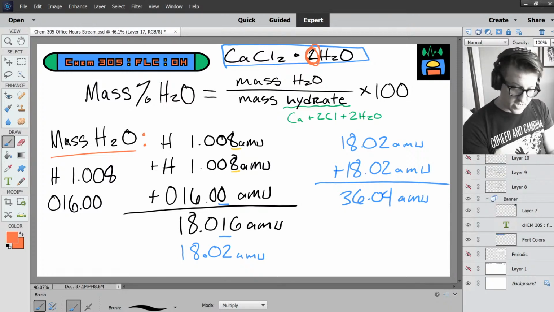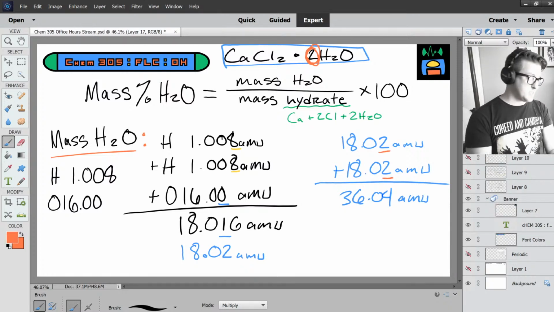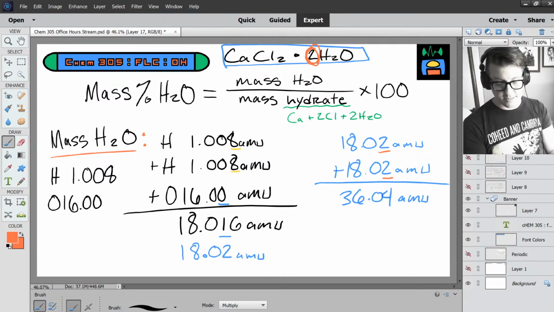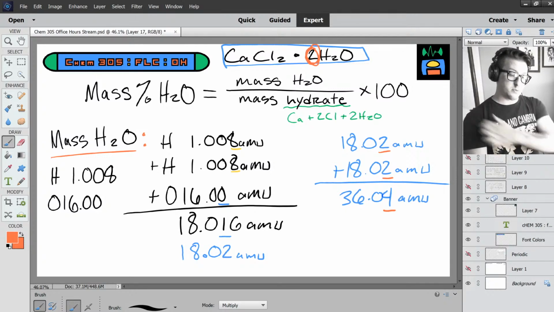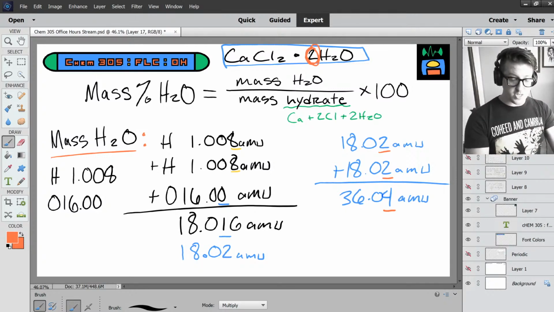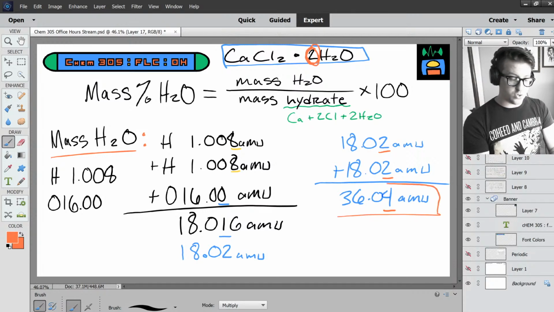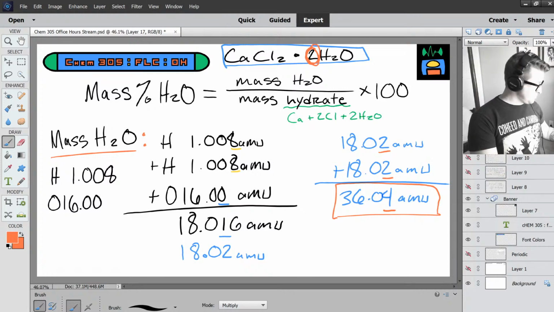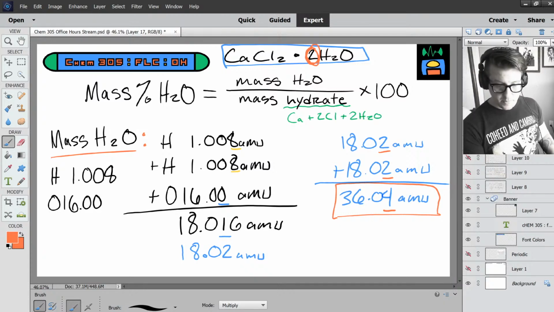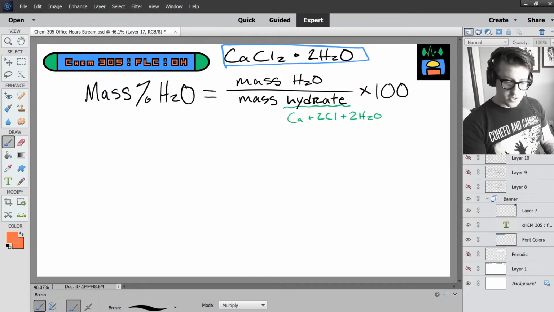And the last sig fig in both of those numbers was in the second decimal place, and so the answer must have its last significant digit in the second decimal place. 36.04 does. So this answer is good for sig figs as is. No need to round. 36.04. Okay. That's our mass of water.